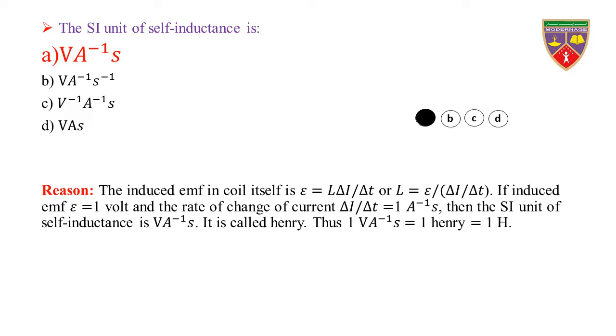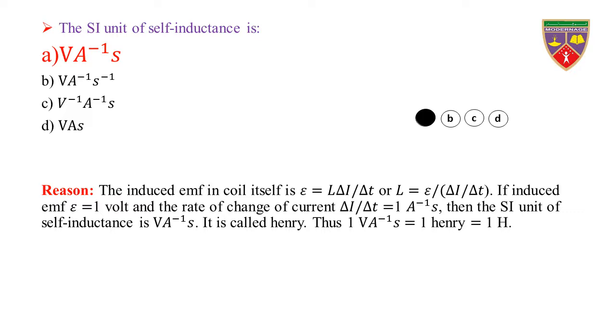Reason: the induced EMF in a coil itself is epsilon equals L delta I over delta T, or L is equal to epsilon divided by delta I over delta T. If induced EMF epsilon is equal to 1 volt and the rate of change of current delta I over delta T is equal to 1 ampere per second, then the SI unit of self-inductance is volt second per ampere.